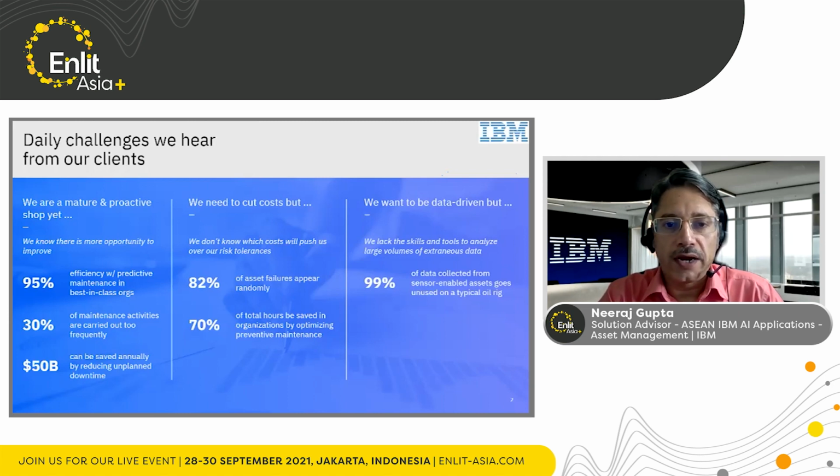Similarly, when they try to cut the cost, they wonder how to do it. They also realize that they can optimize preventive maintenance, with the right strategy or tools in place, to cut down the cost by up to 70%. They also collect a lot of data, but they don't know what to do with that data. So there are so many challenges that clients in all industries are struggling with.